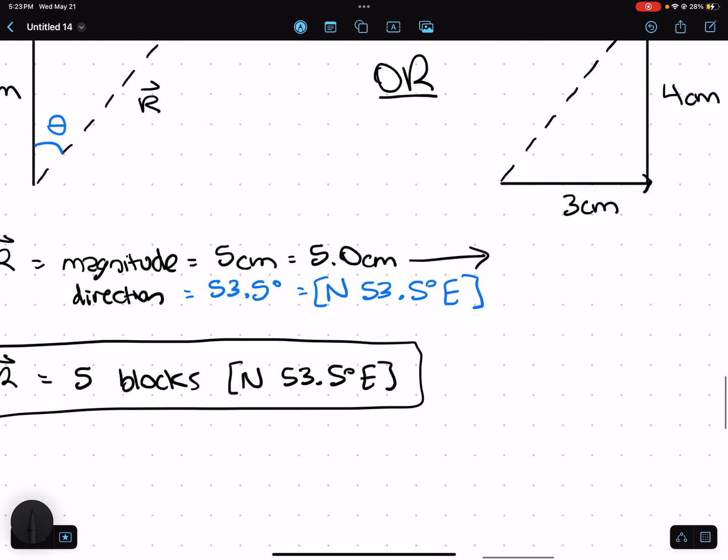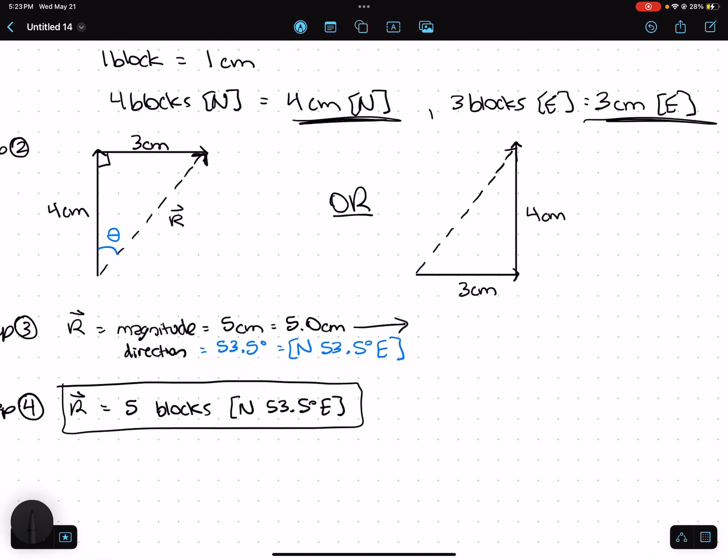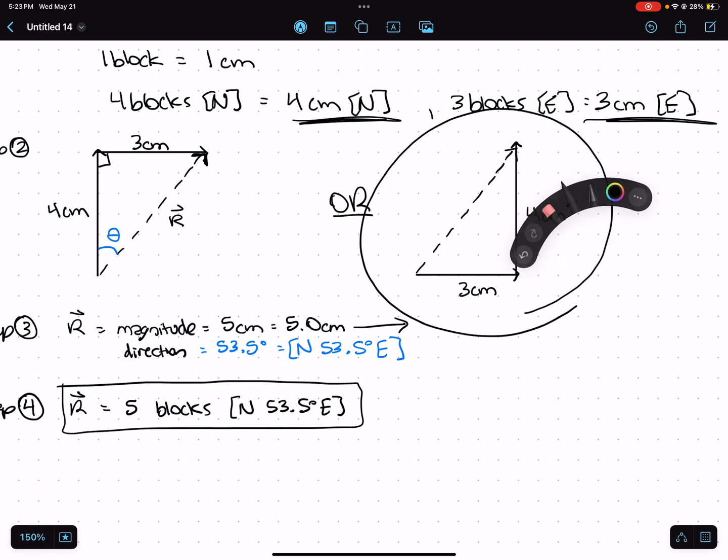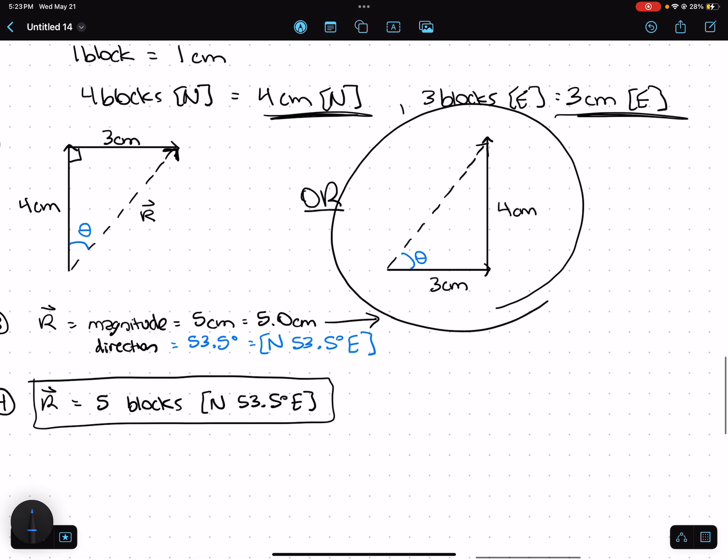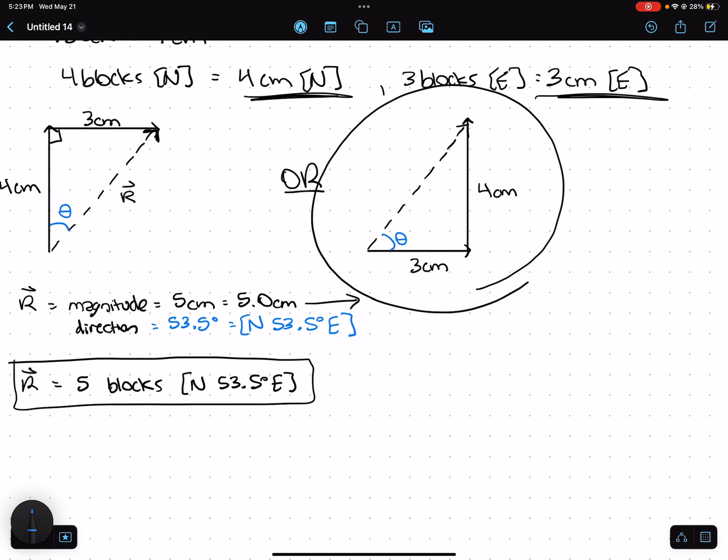Okay, now if we were to do this second triangle, we would see a similar but slightly different answer. We would still be looking at that angle, but now instead of north 53.5 degrees east, we would have a slightly different angle.